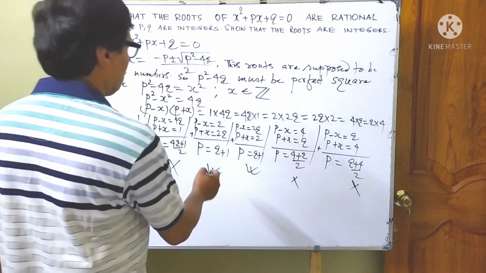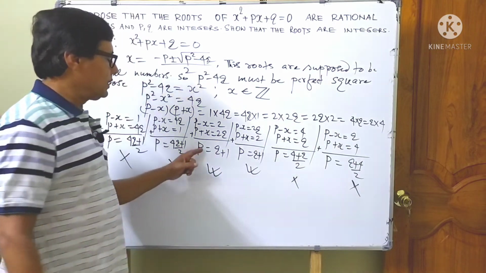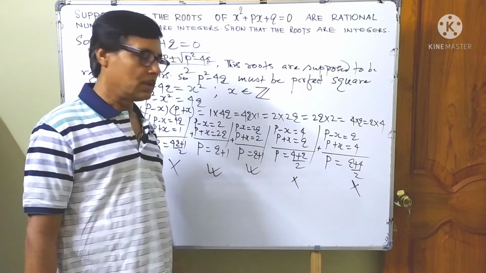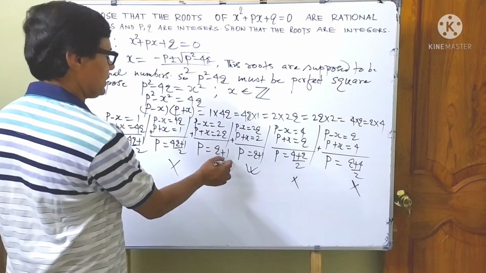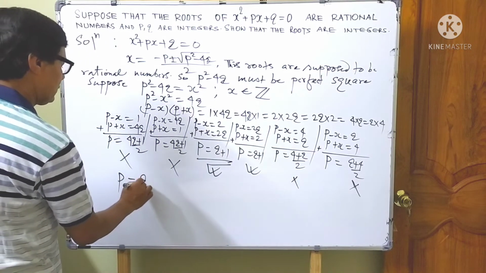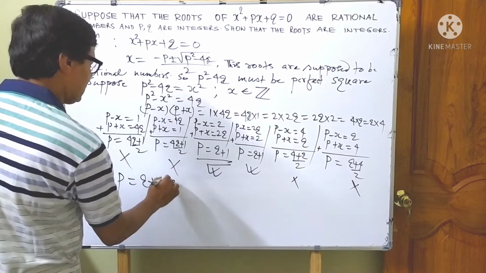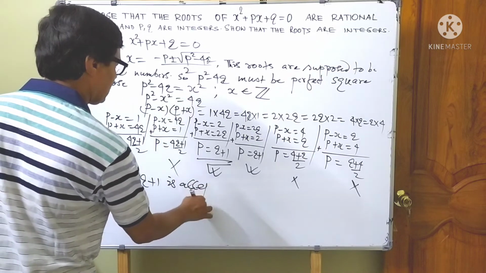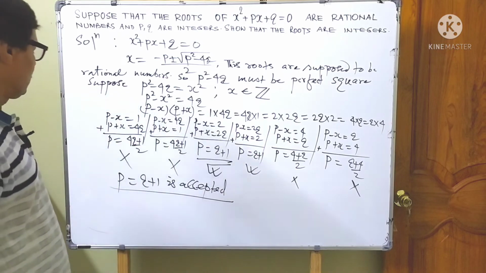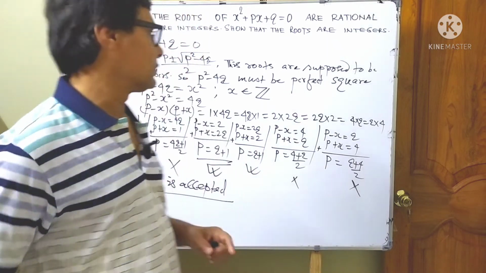So the only accepted relation is p equal to q plus 1. So p equal to q plus 1 is accepted.